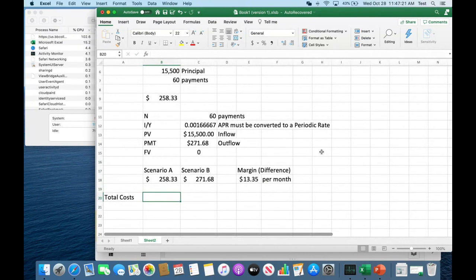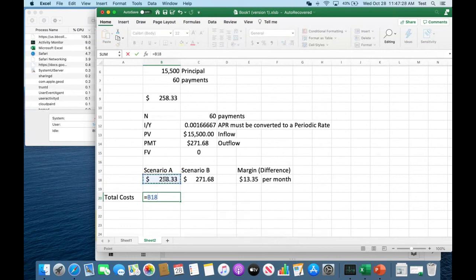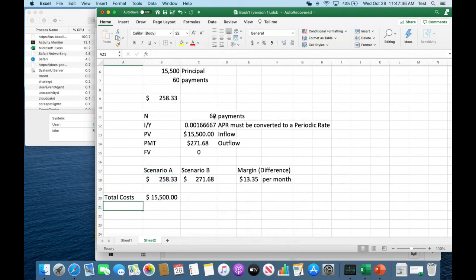First, we might want to find what the total cost is in each scenario, right? So the total cost in scenario A, because we didn't finance anything, we would just take that payment and multiply it by 60, and it will be the exact price of the car because we didn't finance anything.